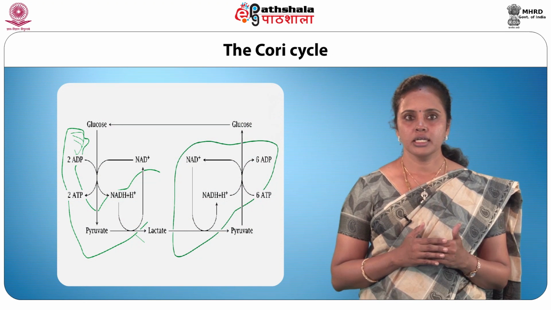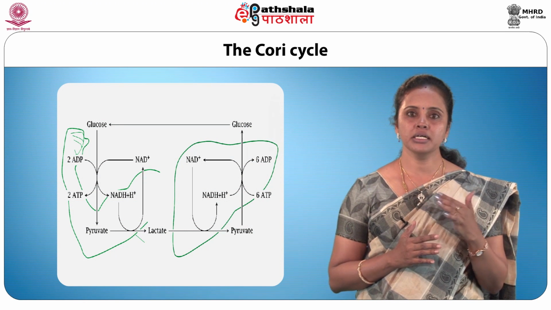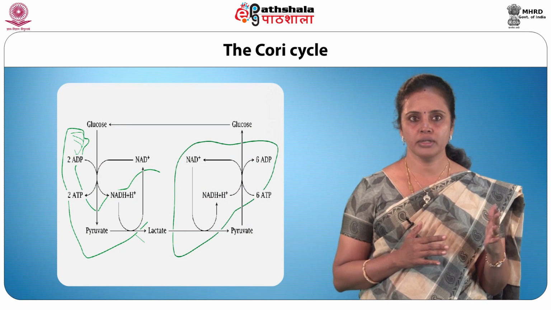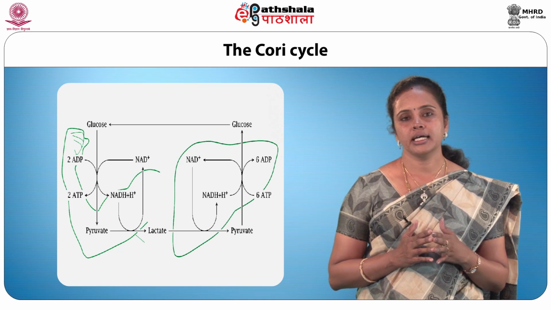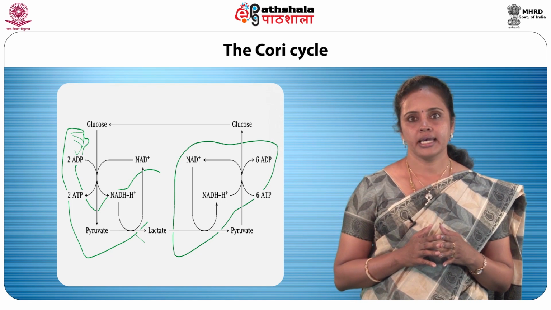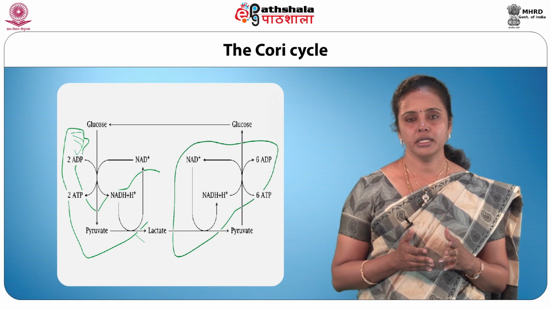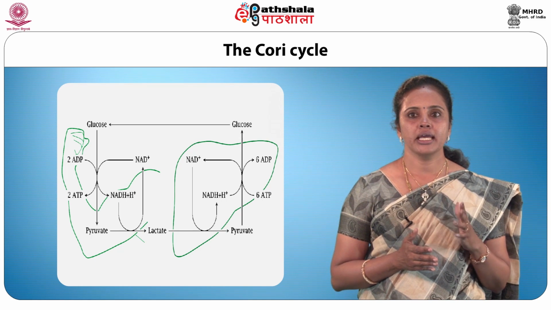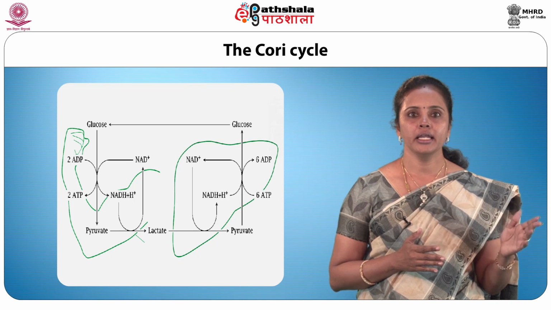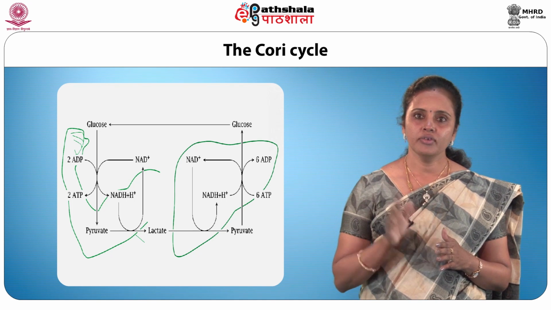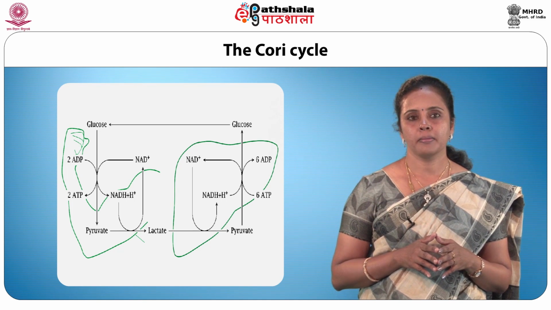Next, coming to the Cori cycle. While skeletal muscle gets glucose by oxidative metabolism most of the time, some other tissues, especially the red blood cells and the lymphocytes, depend mostly or even exclusively on anaerobic glycolysis even under aerobic conditions.